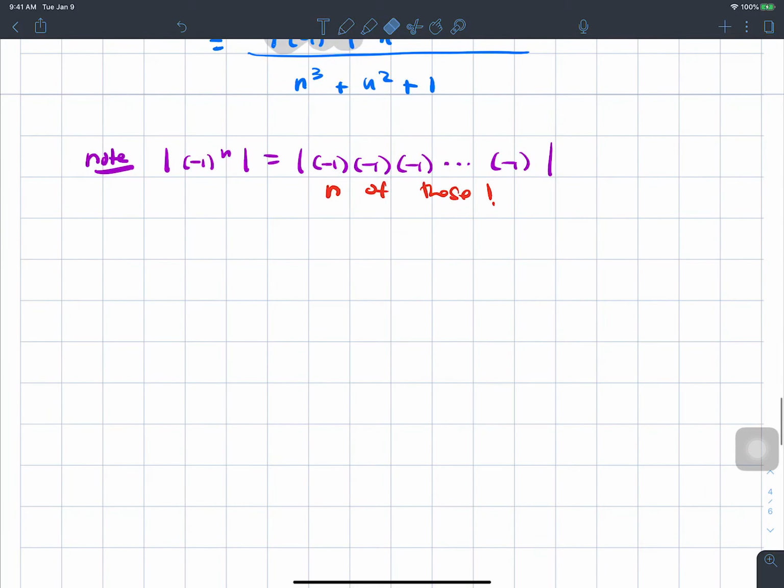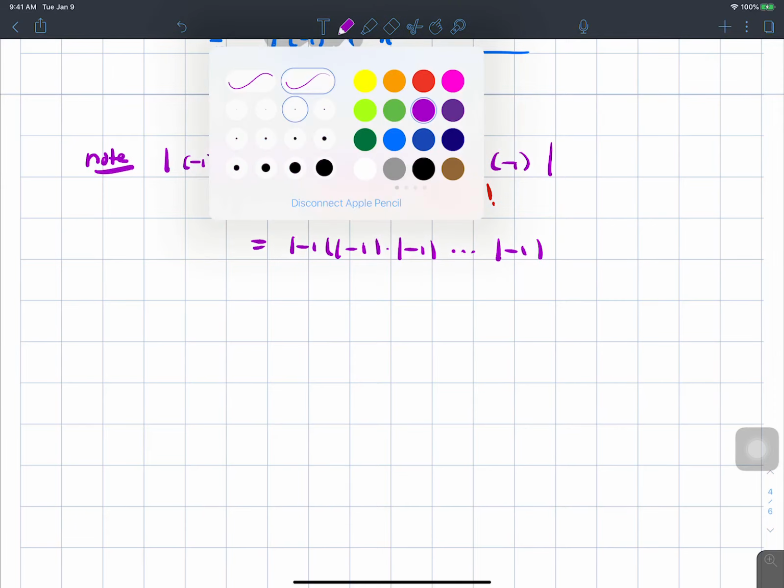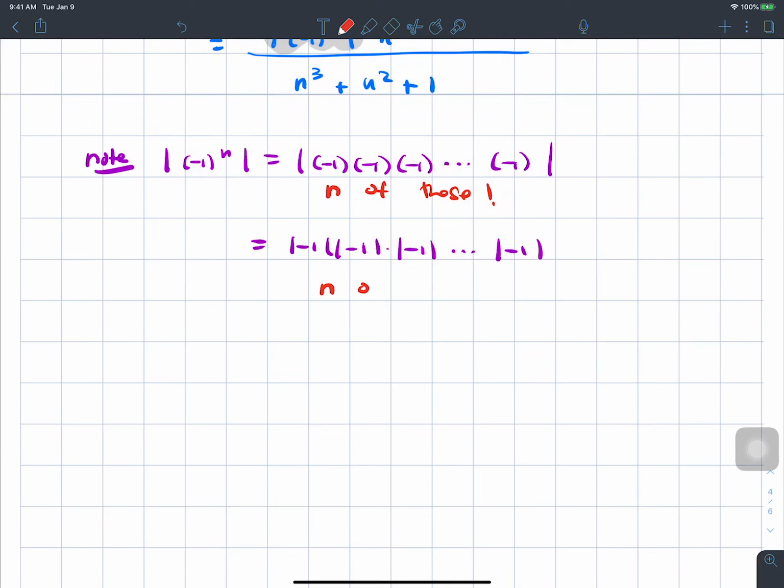So now by the product rule, it's really the absolute value of all these negative 1s. We got n of those too. There's n of these, where each one has the value 1.